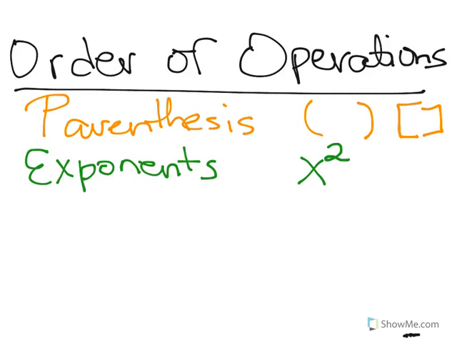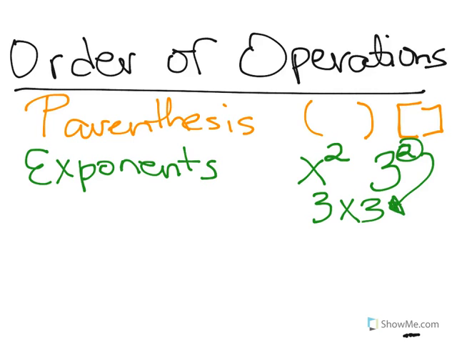But if we wanted to have it as a number, we could have 3 to the power of 2. What that really means is 3 times 3. That is what exponents are. So that little 2 means two 3s being multiplied by each other.